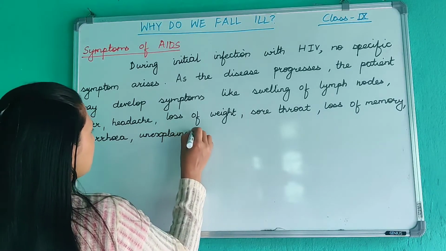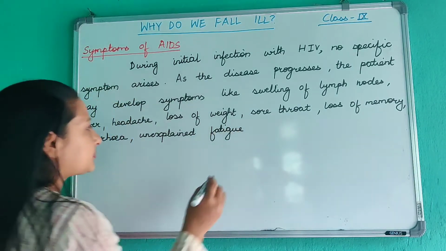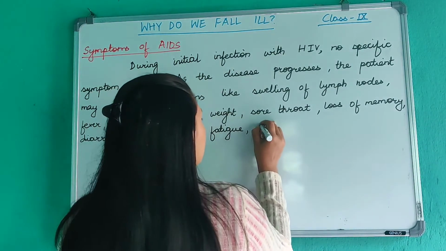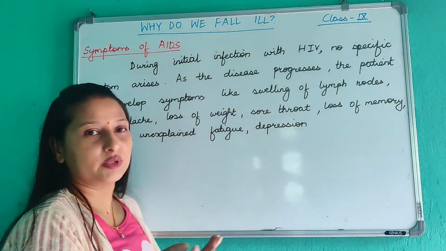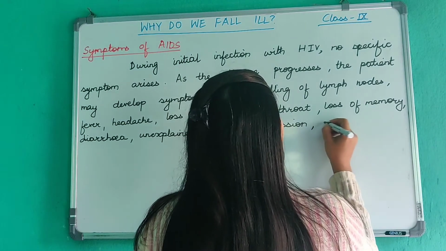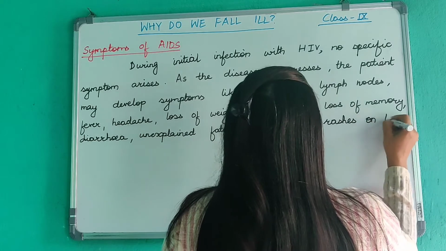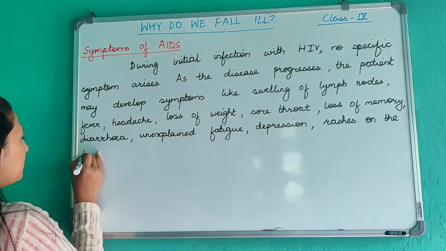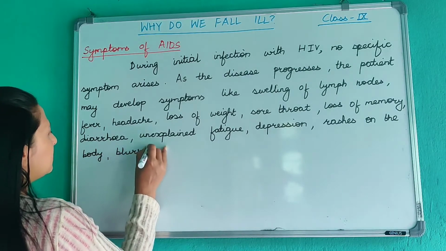Feeling tired, not knowing why you are tired, unexplained fatigue. And then that person can suffer from depression, as I told you earlier, neurological disorders also occur. So depression, or that person may have rashes on the body, or the vision may be blurred.